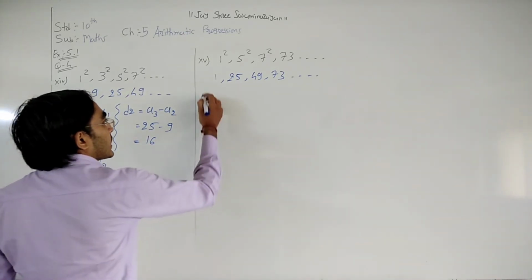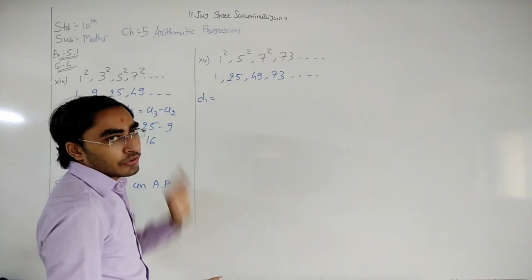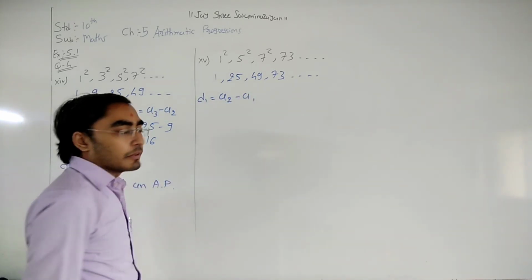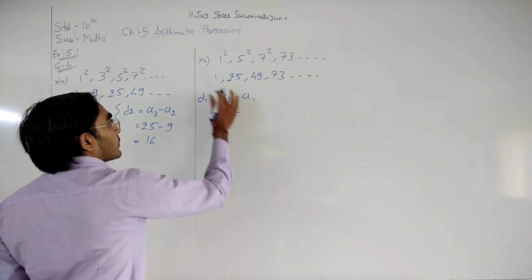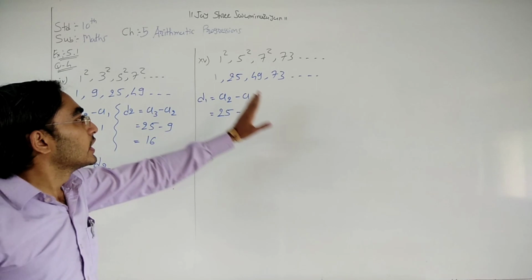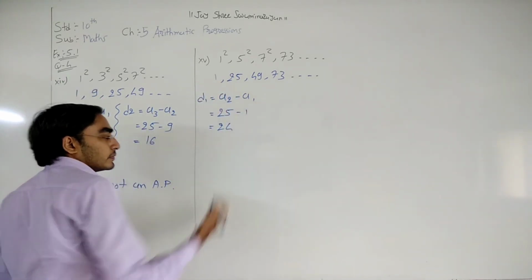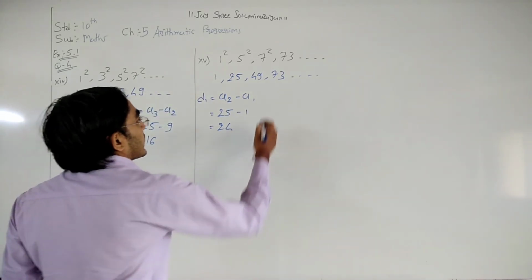So first of all, difference d1 is equal to second term minus first term. So a2 minus a1. So second term 25 minus first term 1, 24. So here our common difference d1 is equal to 24.